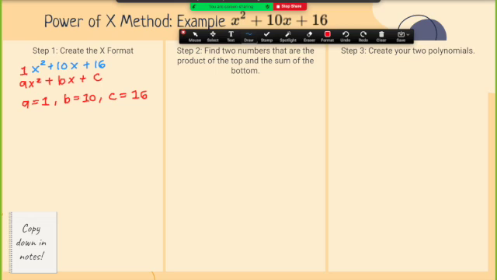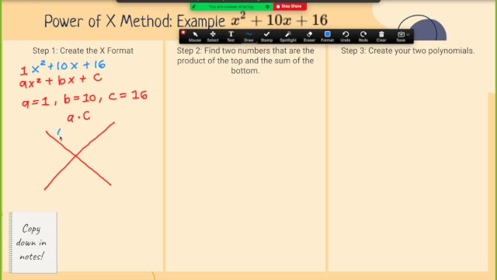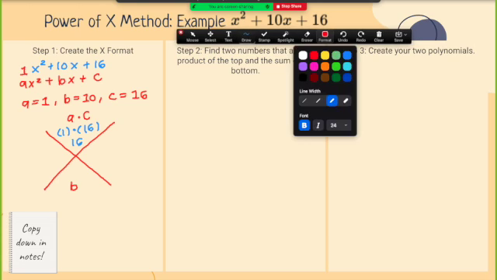Now once we have that down, I'm going to create my x here. So again, what goes on the top is the a multiplying with c. So we have 1 multiplying with 16. That would equal positive 16, okay? On the bottom, we have b, and b is equal to 10.